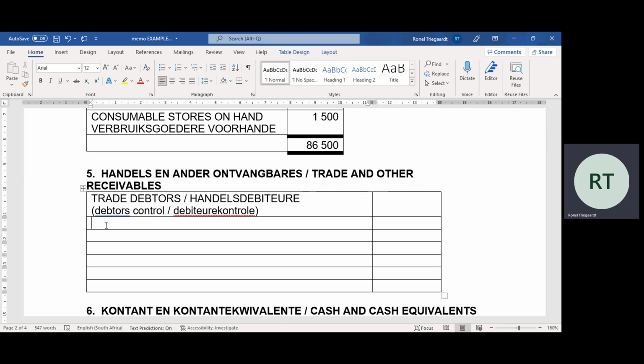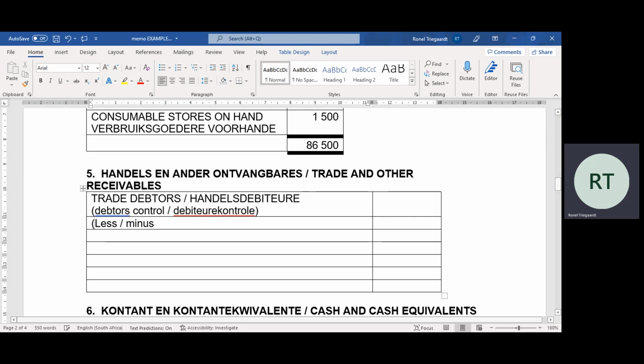Ons gaan voorsiening van inbare skulde moet aftrek, want ons wil nie hê dat whoever reads our statements are under a misconception of how much money we think we're going to receive from our debtors. Is julle by daarmee? So, ek gaan nou hierdie een keer sê les, minus, maar ek gaan net die een keer hier skryf.